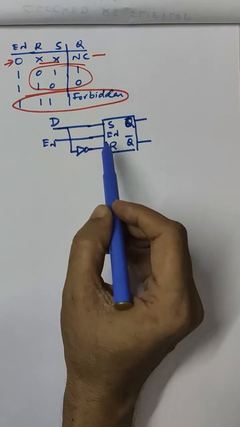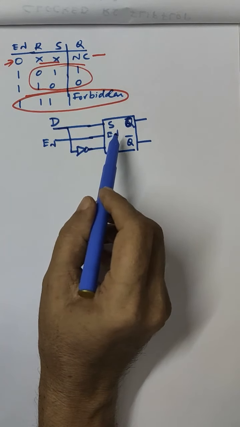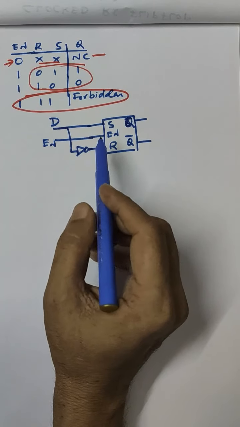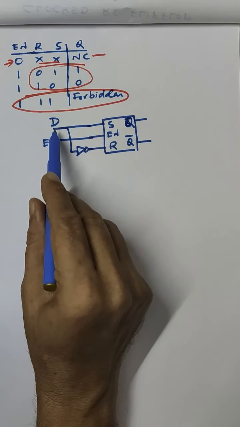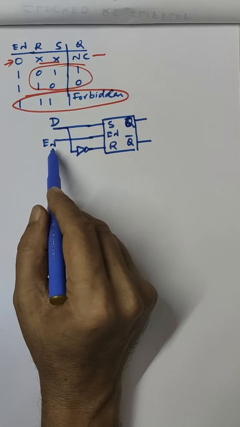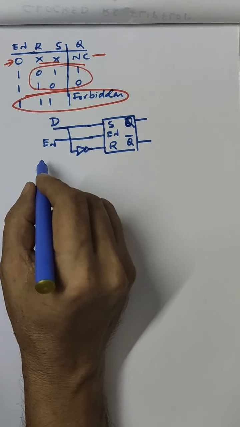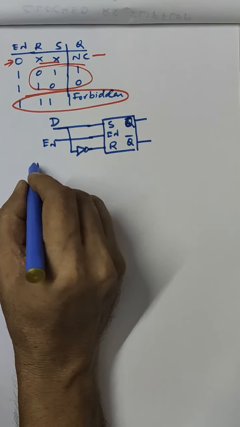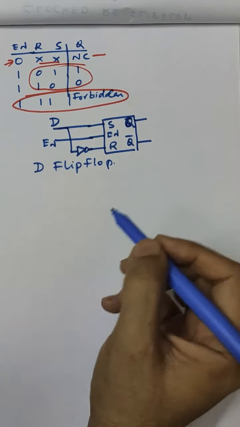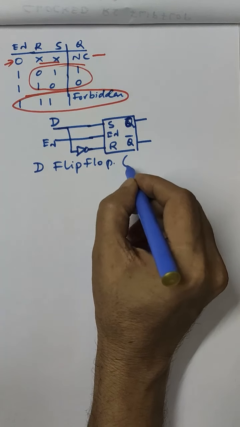So this modified flip-flop has only 2 inputs instead of the 3 inputs in the previous clocked RS flip-flop. The 2 inputs are D and the enable signal that we have already mentioned. Such a modified flip-flop is known as a D flip-flop or D latch.